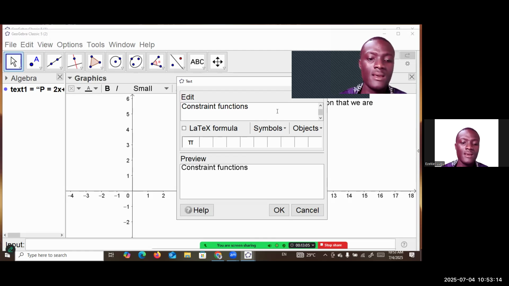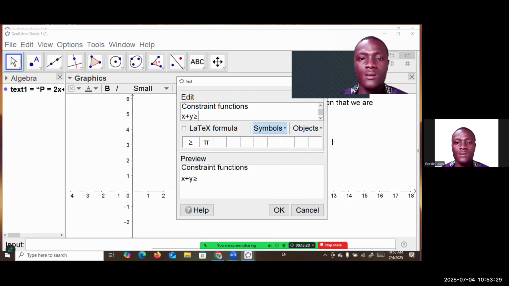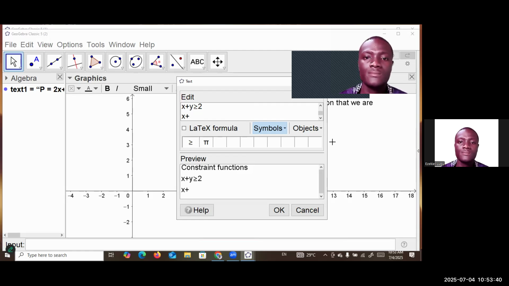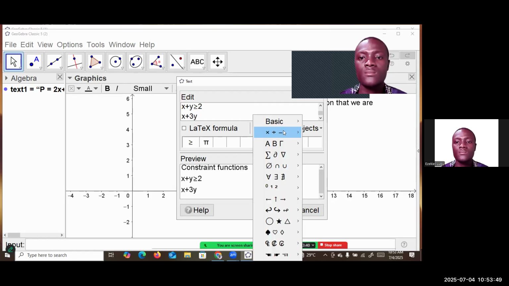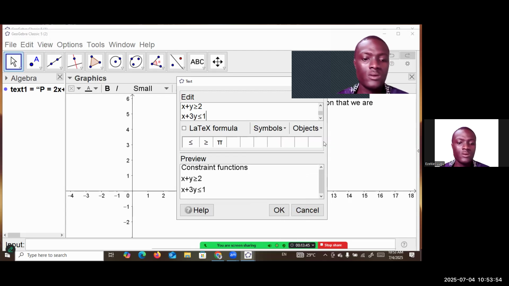First one is x plus y is greater or equal to 2. Then the next one will be x plus 3y less or equal to 12.